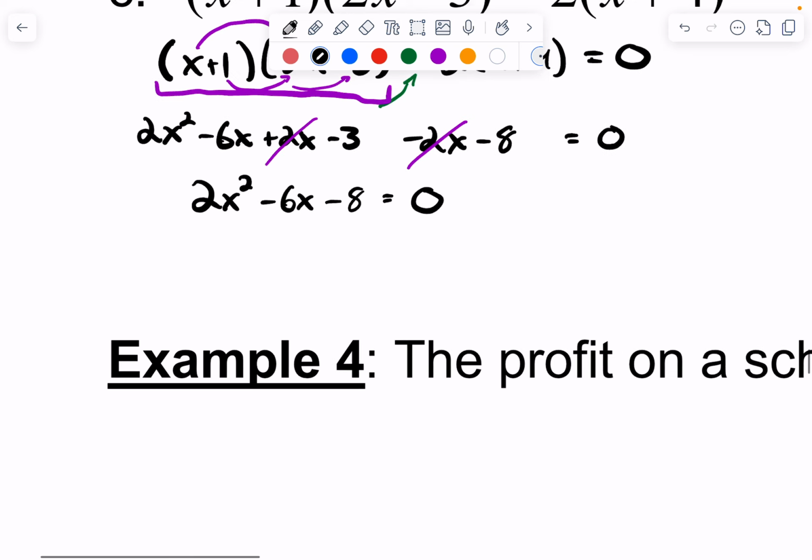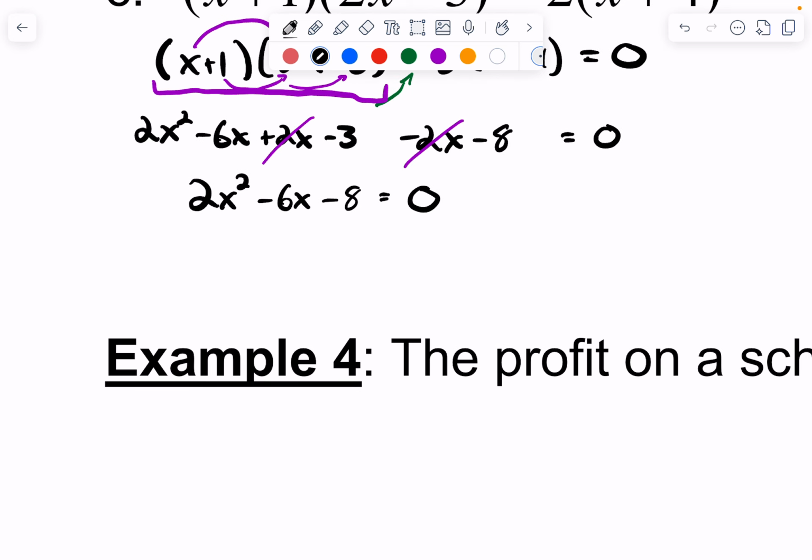All right, so now you're like, do I use the quadratic formula? Do I use factoring? What is the best method to go about solving this? And it might not always be easy. So again, you could use quadratic, but with practice, you might see, oh, I might be able to turn this into a simple trinomial and factor.